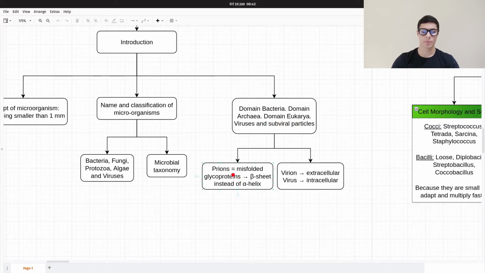Indeed, a very important thing we have to differentiate is between prions and viruses. Prions are misfolded glycoproteins. That means that instead of having a lot of alpha helix, they have a lot of beta sheet in them, and this gives the prions very interesting characteristics that we will discuss in next videos.